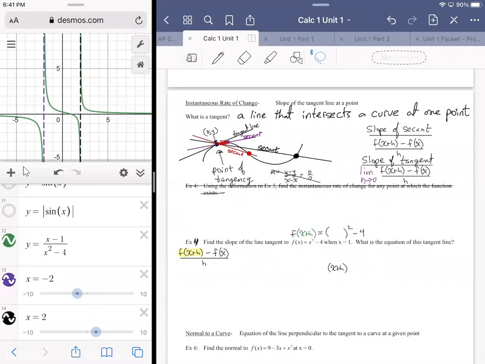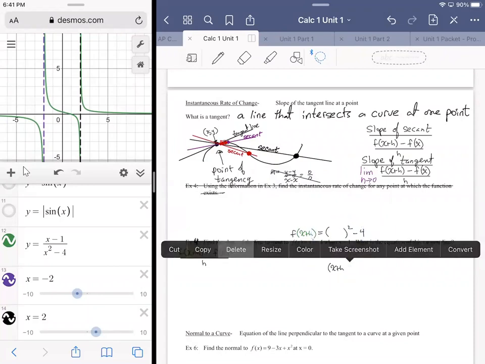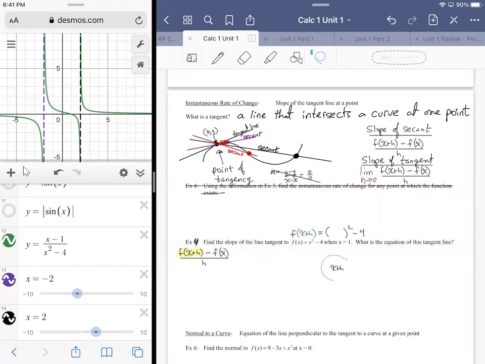So that's what f of x plus h is equivalent to. We'll have to expand that out, but that's the long and short of it.